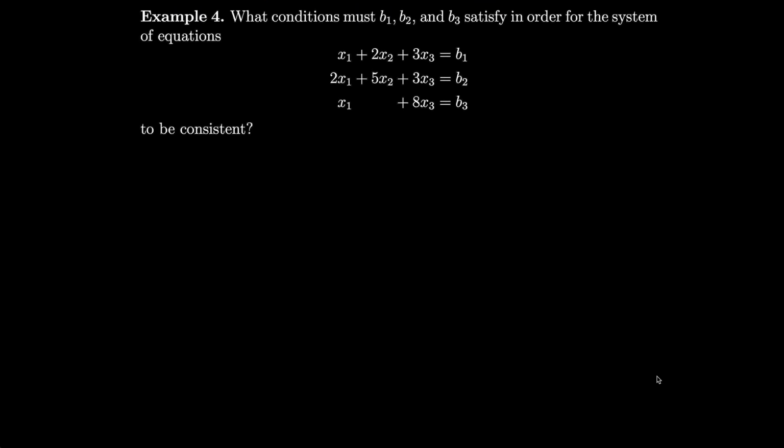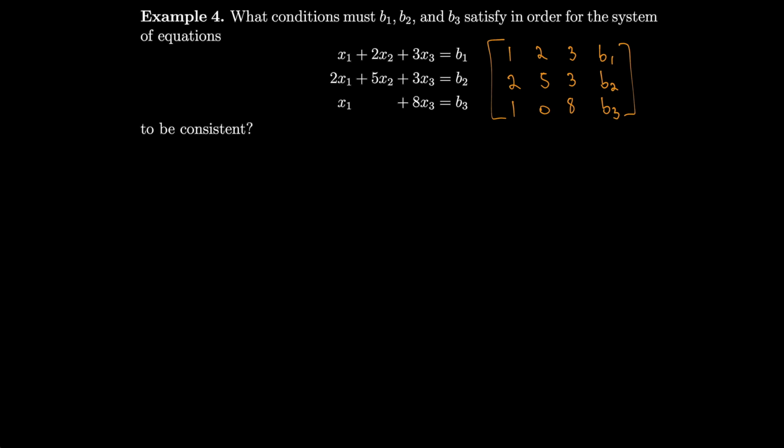What conditions must B1, B2, and B3 satisfy in order for the system of equations given here to be consistent? Let's see, once again, how about we write out our coefficient matrix. So 1, 2, 3, B1, 2, 5, 3, B2, 1, 0, 8, B3, and we'll attempt to put this in reduced row echelon form.